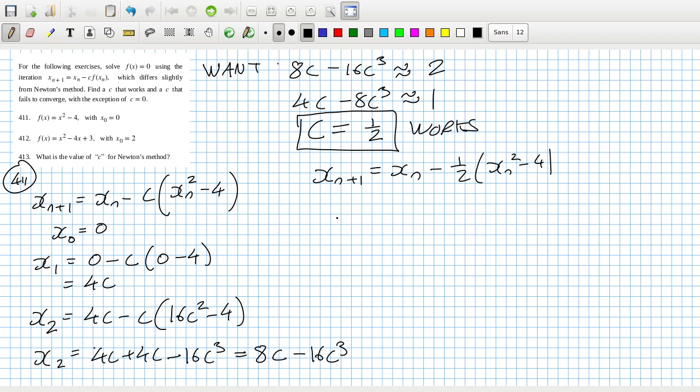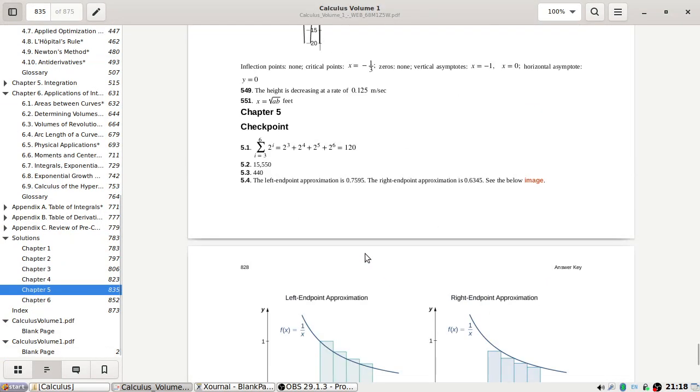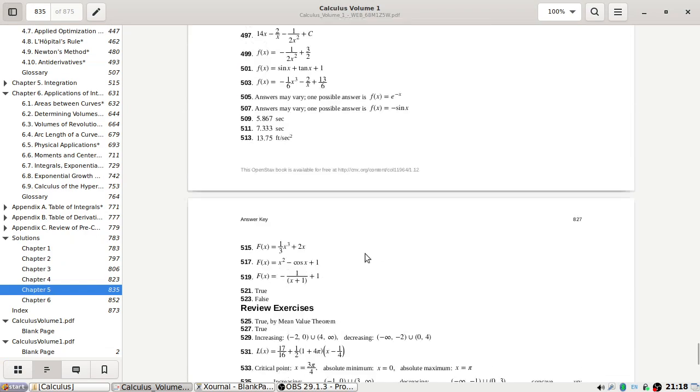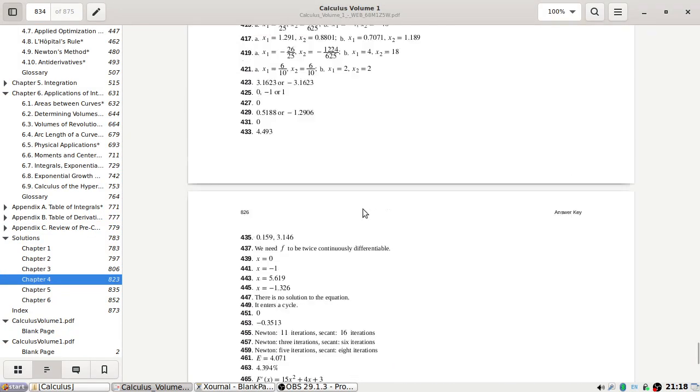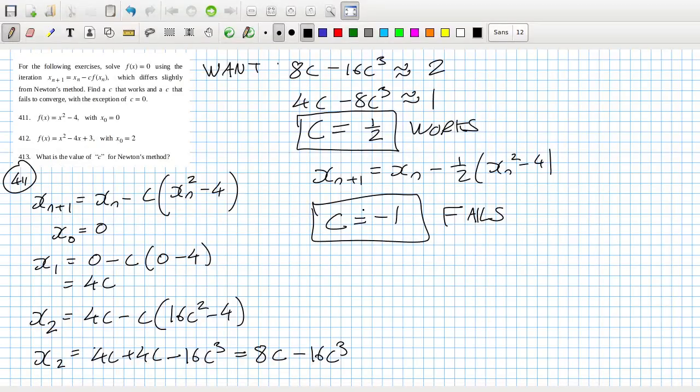And I know from earlier, it didn't converge when c was minus 1. That fails. I wonder what the answer at the back is. Yeah, okay, so more than a half fails and less than or equal to a half works. And it just says find a c, so that's enough. I think I'm getting my head around this a little bit now.